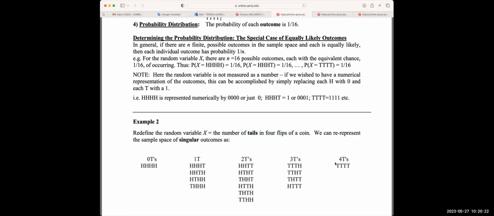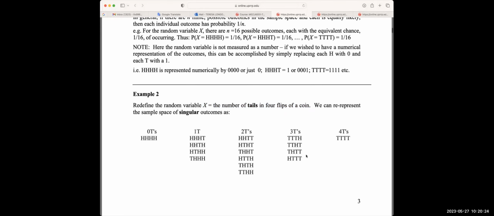So X is the number of tails in 4 flips of a coin. So I'm going to be taking the possible outcomes and sorting them. There is only one occurrence where there are 0 tails. There are 4 possible outcomes that represent 1 tail, 6 possible outcomes that represent 2 tails, and 4 possible outcomes that represent 3 tails, and 1 possible outcome that represents 4 tails.